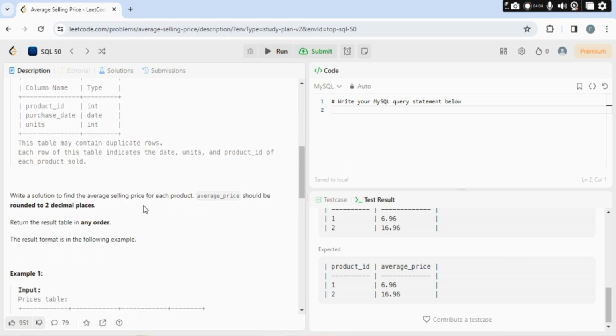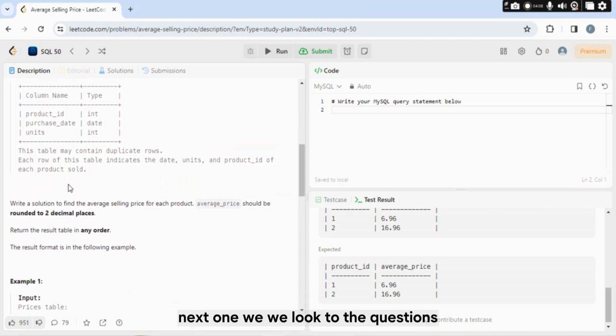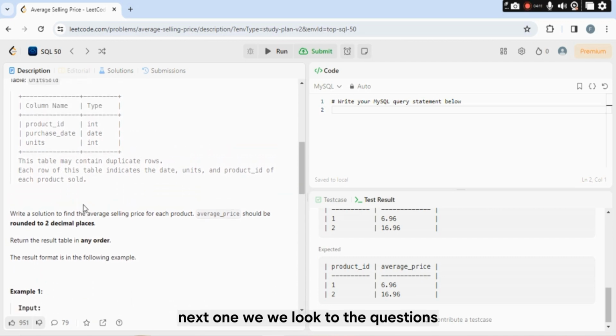Okay, next we look at the question. Write a solution to find the average selling price for each product.